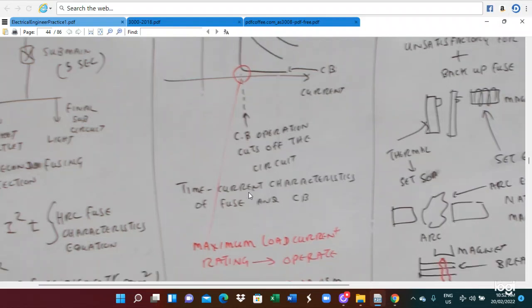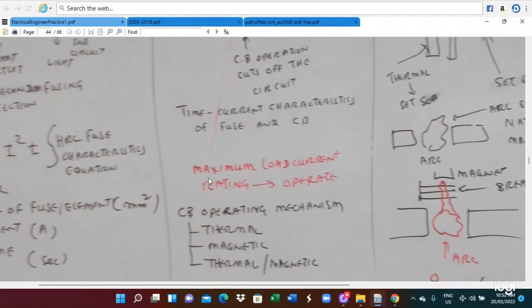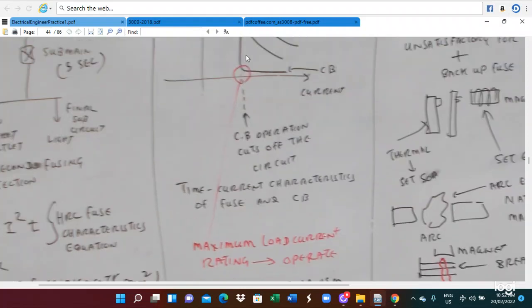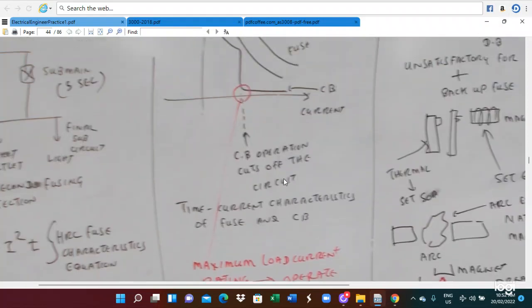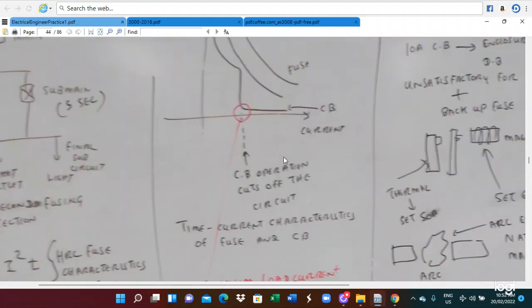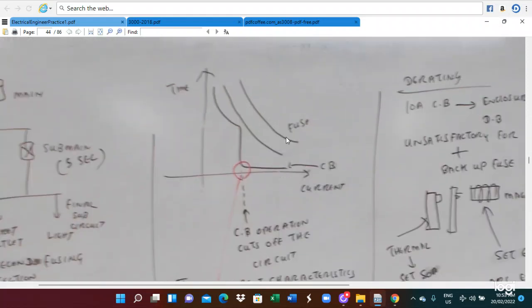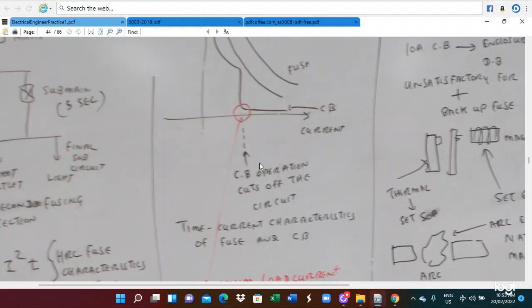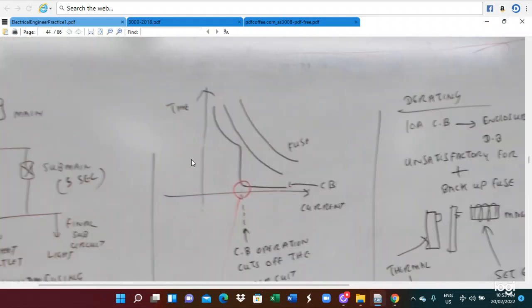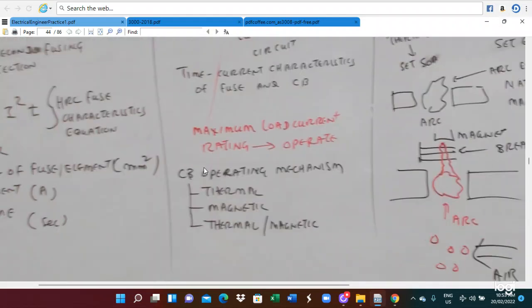This time is determined by the time characteristic, along with the maximum load current rating needed to operate the circuit breaker. So the circuit breaker operation cut-off current, this is the current characteristic of the fuse and the circuit breaker. The horizontal axis is current, the vertical axis is time.